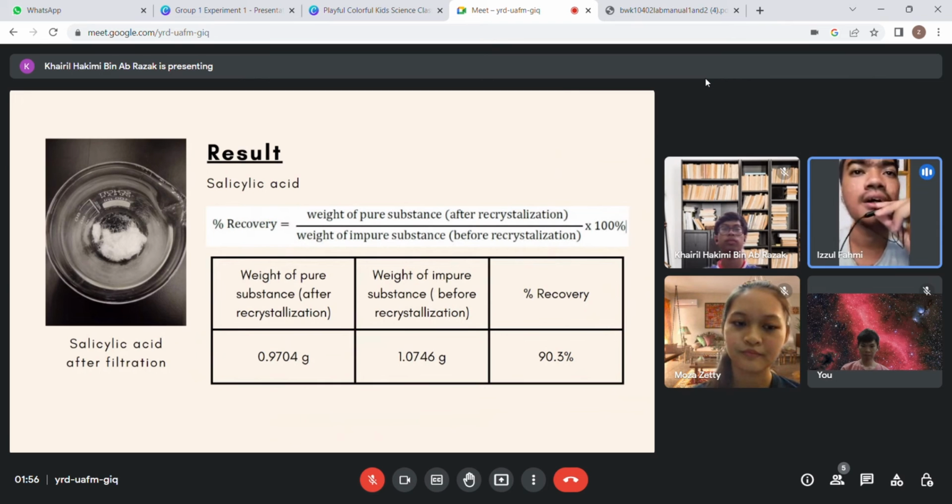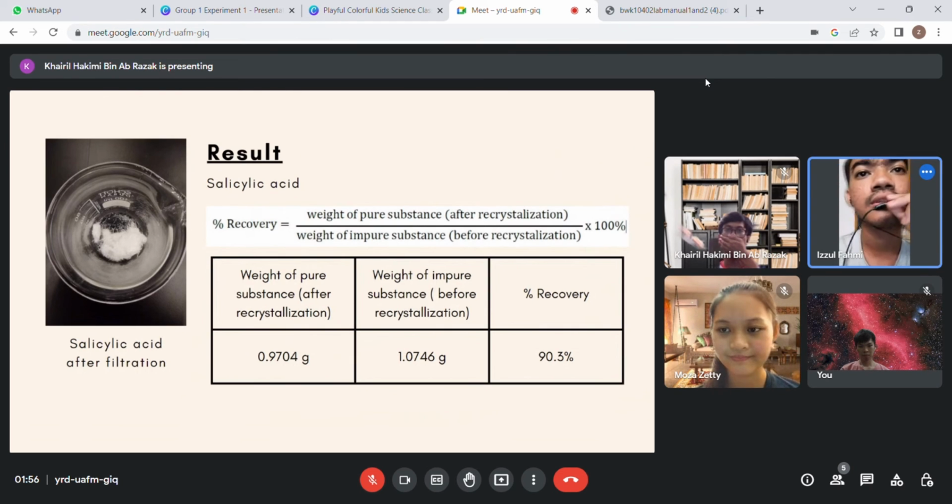Then I will talk about the results that we obtained from this experiment about the salicylic acid and the benzoic acid. So the result we obtained will be in the percentage of recovery, which is the weight of pure substance after recrystallization divided by the weight of impure substance before crystallization, times 100%.